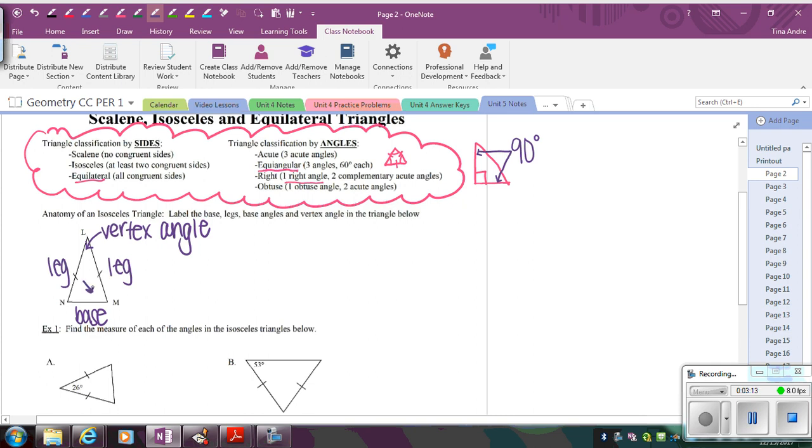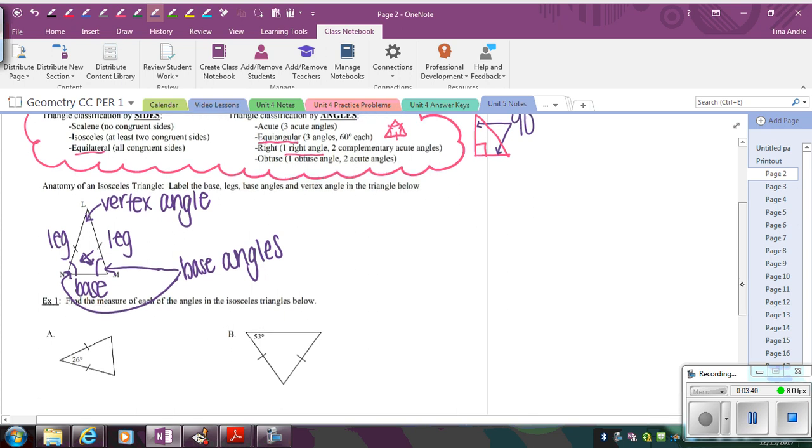Across from those legs are the congruent base angles. These angles right here are our base angles. The base angles are always congruent, and they're across from the legs, which is why they're congruent.